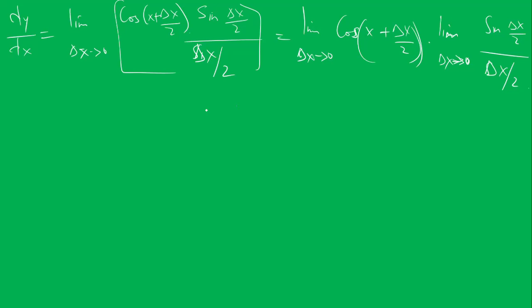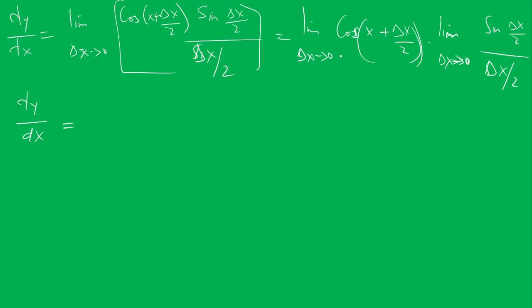Now for this expression, dy over dx will now be this limit for delta x tending to 0. If you substitute delta x equal to 0 into this, this whole place will be 0. Then here you have x, since an infinitesimal value of delta x is negligible, and dividing by 2 is negligible.